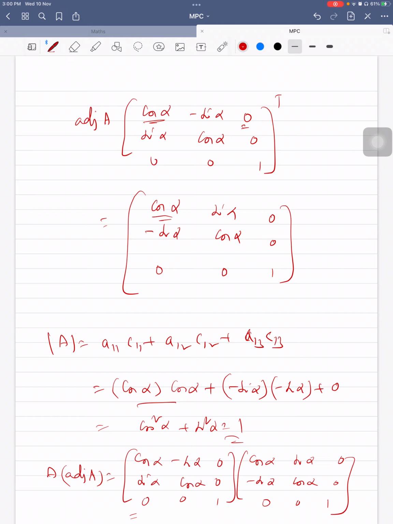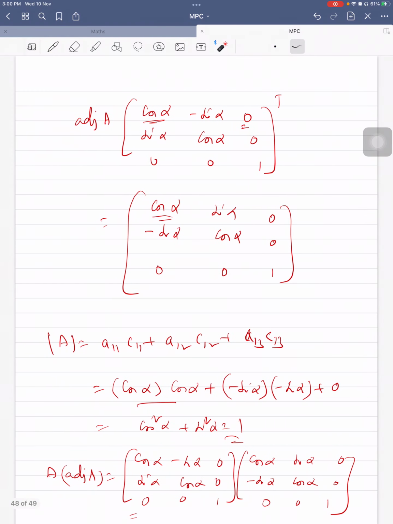If you multiply this, you will get cos square alpha plus sin square alpha.